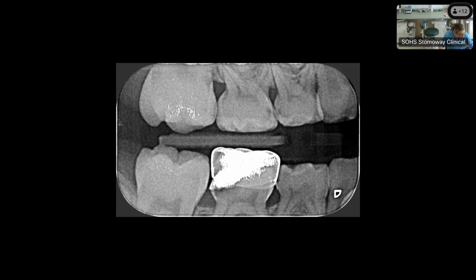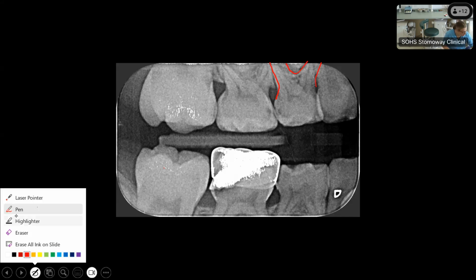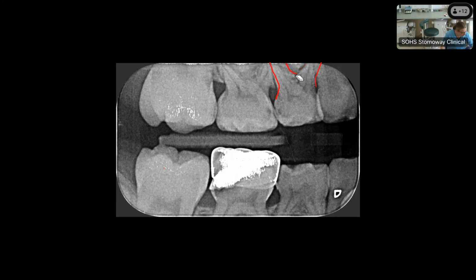But I don't think we do have any root resorption there. That root's as you would expect it to be. There's nothing else I would really comment on there in terms of anatomy. What about pathology?